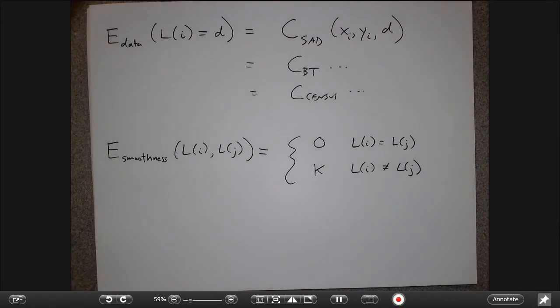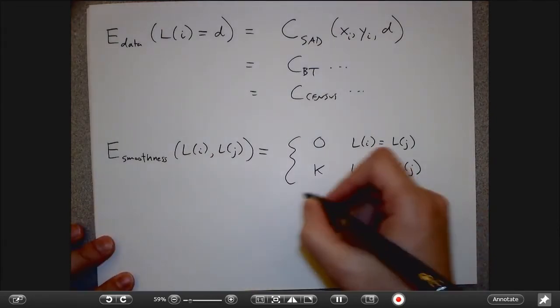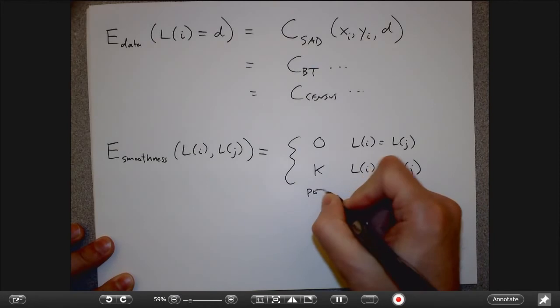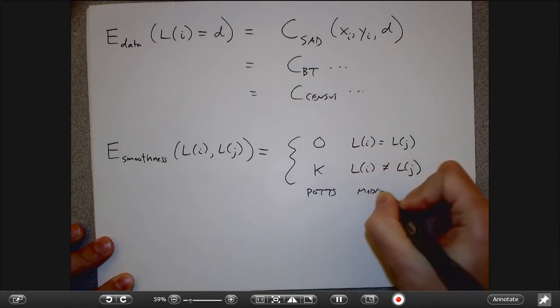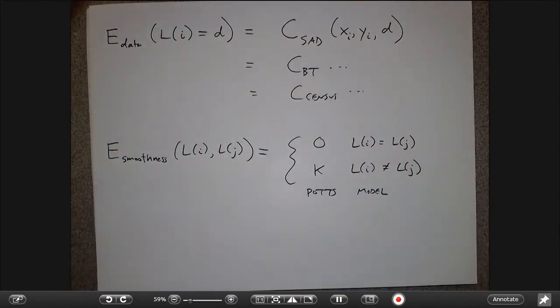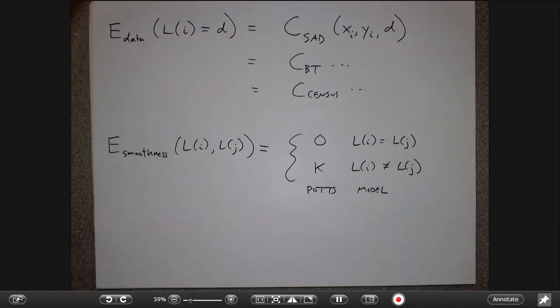This is called the Potts model. The way to think about this is that I'm basically adding a constant value to the entire cost function every time my neighbors don't agree across the edge, right? So the more disagreements there are, the higher the cost function is.